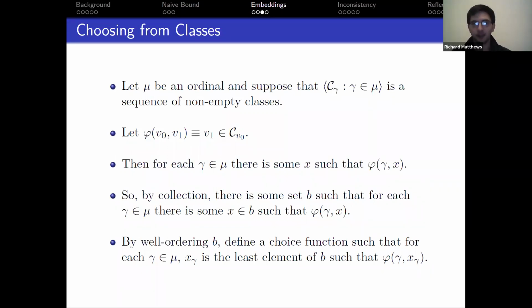I can give you a sequence of omega many proper classes, which are non-empty, and I can't pick an element from each class. The obvious example of this being, you could take a model of ZFC without power set and without replacement, such that you have a set of reals of size Aleph n for each n, but no set of size Aleph omega. So these are my classes there.